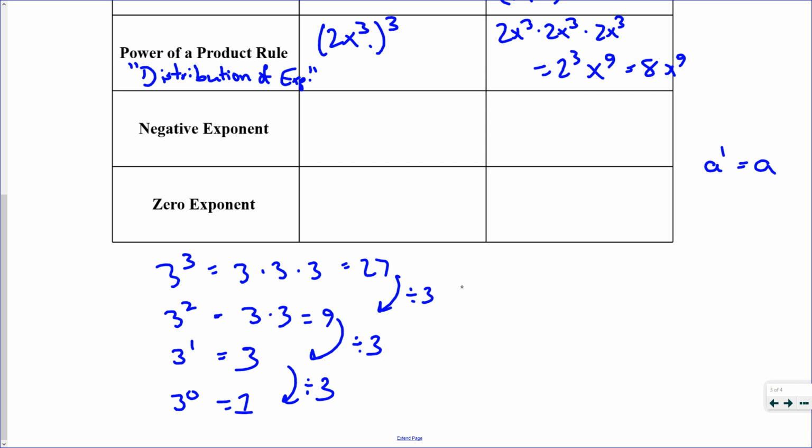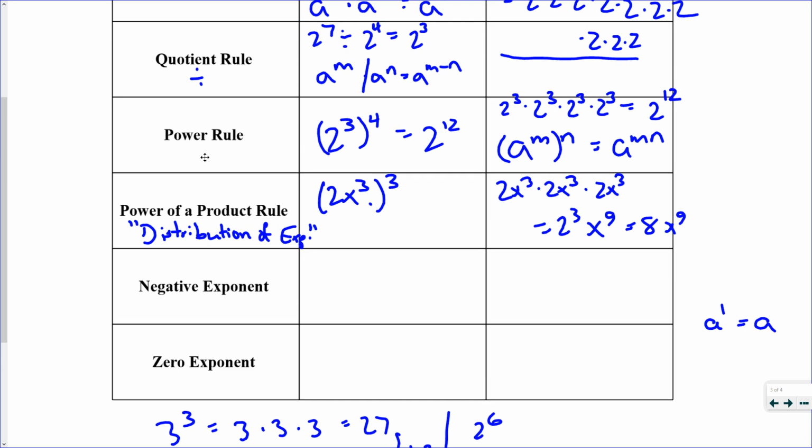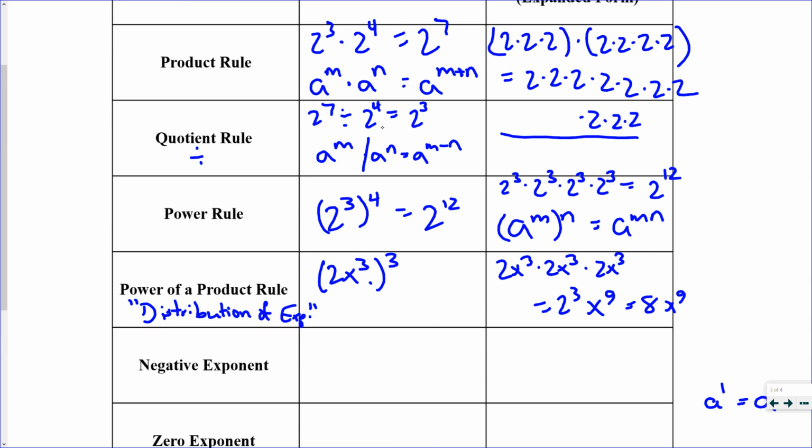Here's another way to look at it. Suppose you had, say, some term here, like 2 to the 6th, right? And we wanted to reduce this exponent. Well, what operations do I know that reduce exponents? Let's see. Subtraction. Okay.